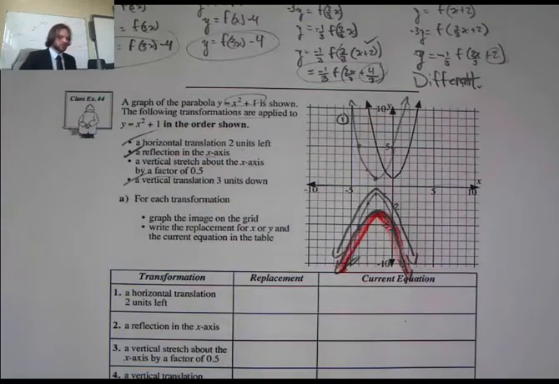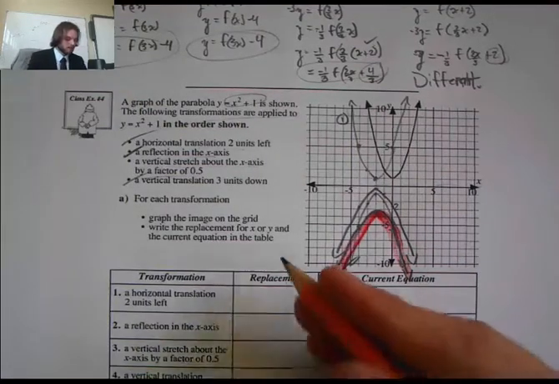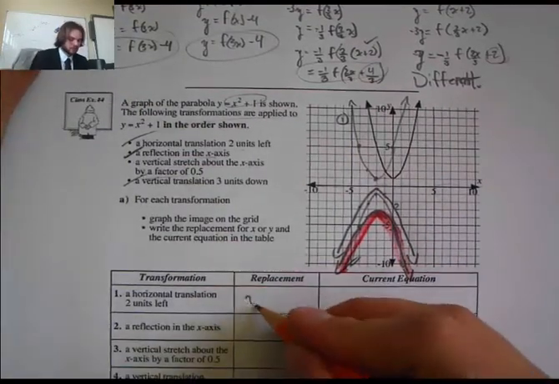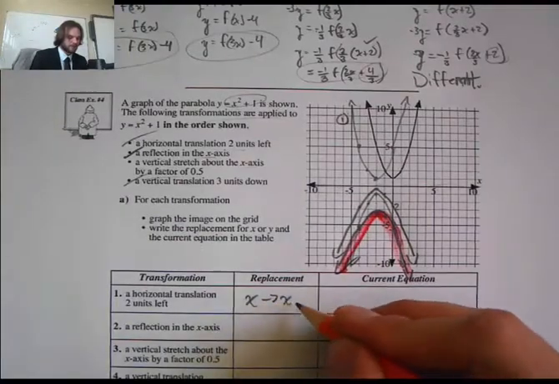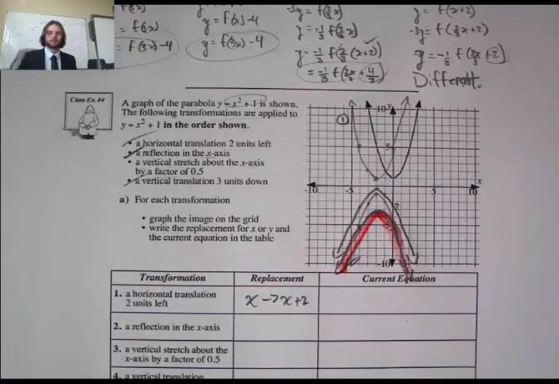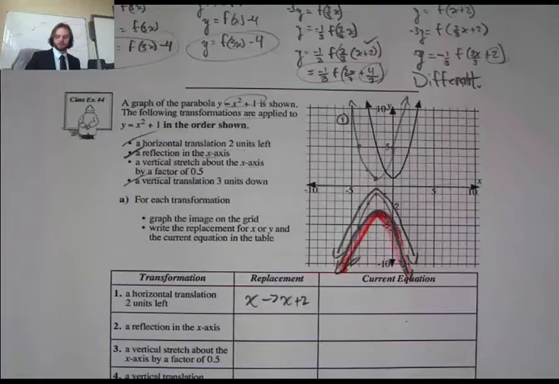Now, for each transformation, graph the image and write the replacement of f of x in the current equation below. So first one, we want the replacement. So 2 units left. So x goes to x plus 2, right? So what do we end up getting when we move 2 units left?